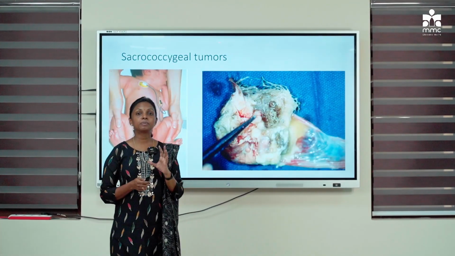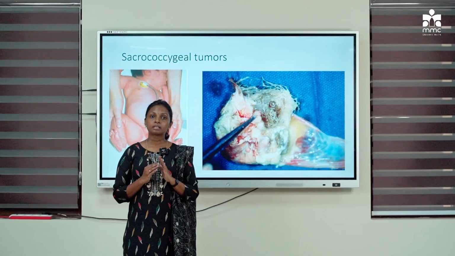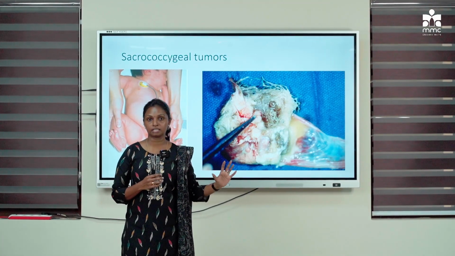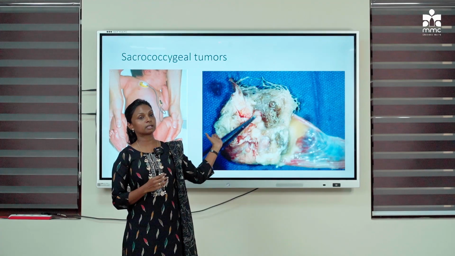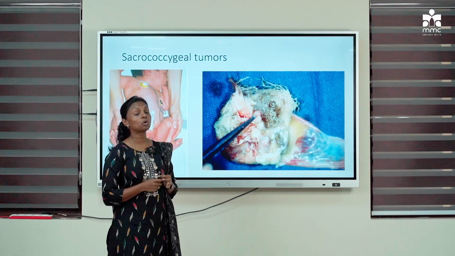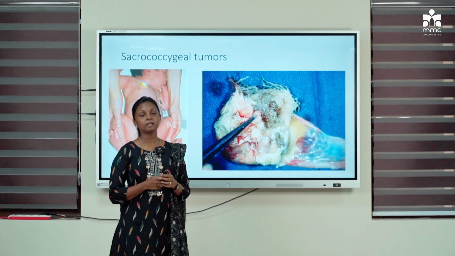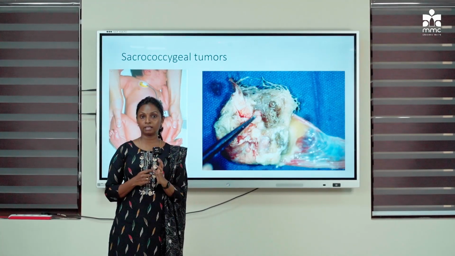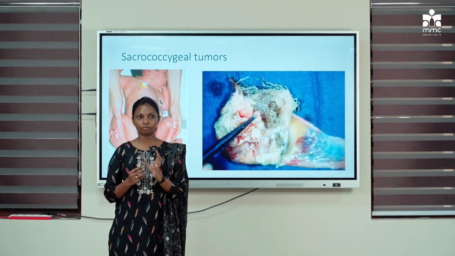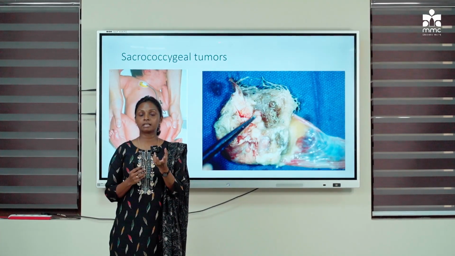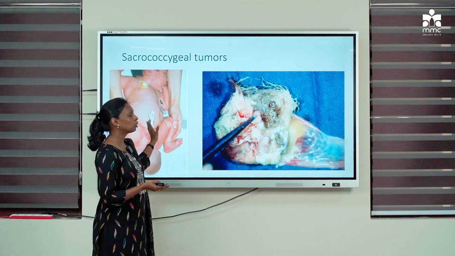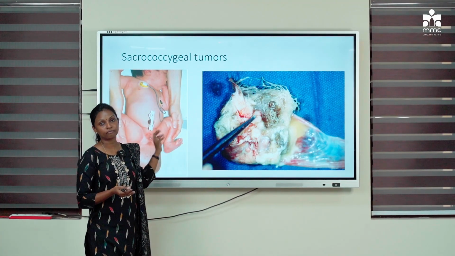Now, this primitive streak has to degenerate. Persistence of these primitive streak cells is going to give rise to a common condition in newborns, which is called sacrococcygeal tumors. We know that the primitive streak is developed at the caudal end of the embryonic disc. So, persistence of these primitive streak cells can give rise to a teratoma at the sacrococcygeal region of infants.